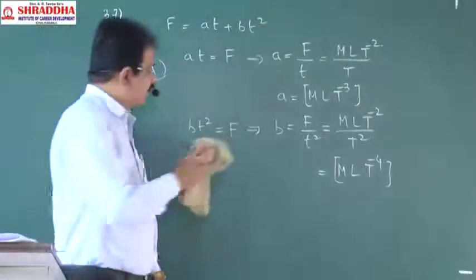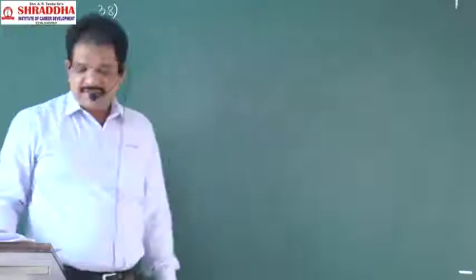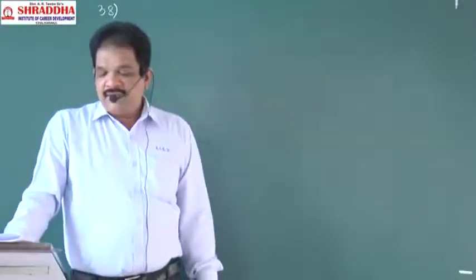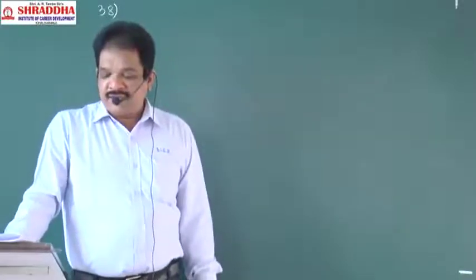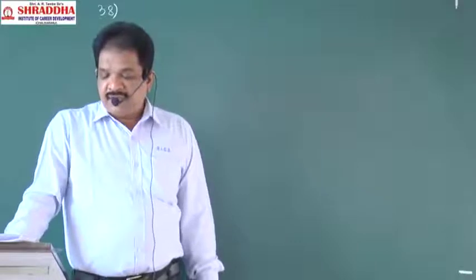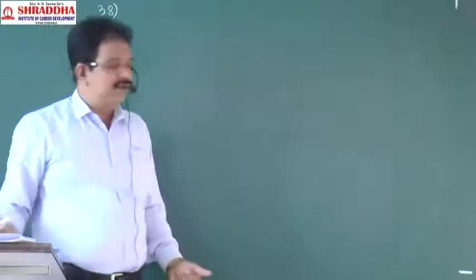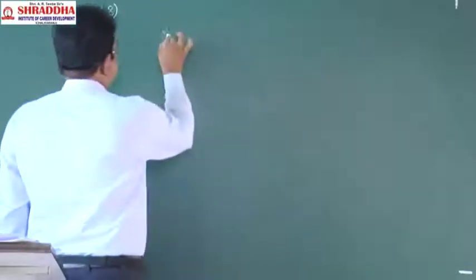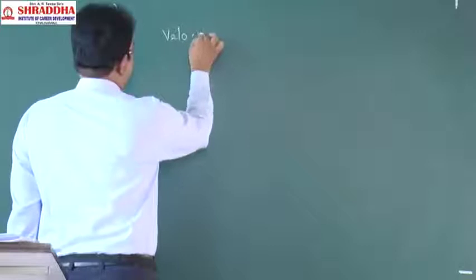Next, 38, what they are asking, see, the dimensions of velocity gradient are the same as that of velocity gradient, meaning change in the velocity per unit length.